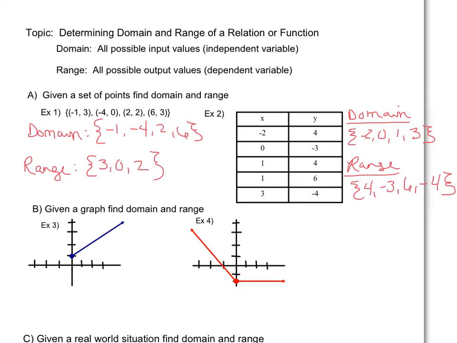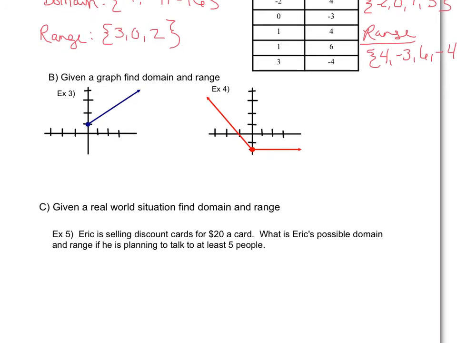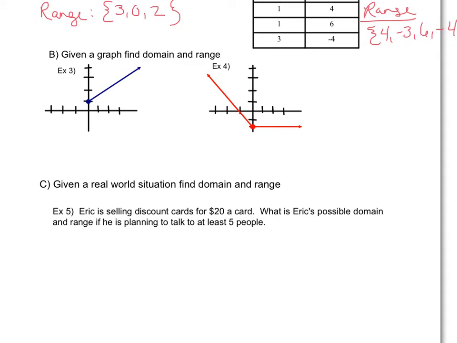On example 3, I'm asked to find the domain and range again, but now I'm given a graph. So when I look at example 3, I see that I start at an x value, if I'm talking about domain, of 0, and then I continue on and on and on. That arrow means it keeps going. So as I get bigger and bigger, I'm going to continue to use more and more x values.